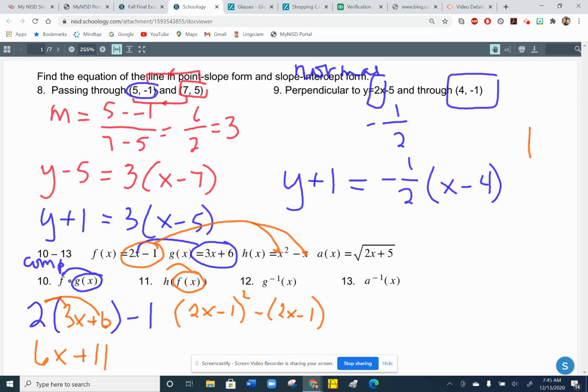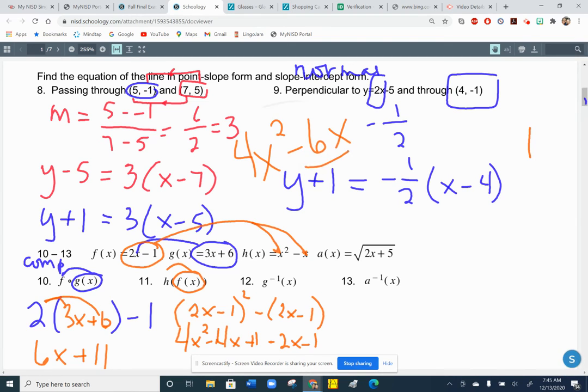Okay, so if we multiply this all out, we get a 4x squared minus 4x plus 1. Okay, and then minus 2x plus 1. So the answer would be, where do I have space? I'm running out of space. 4x squared minus 6x, that was what it would be. So let's write it up here. 4x squared minus 6x, because the ones cancel each other out. Okay, so this one goes here.